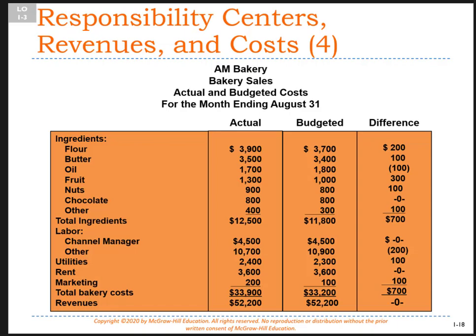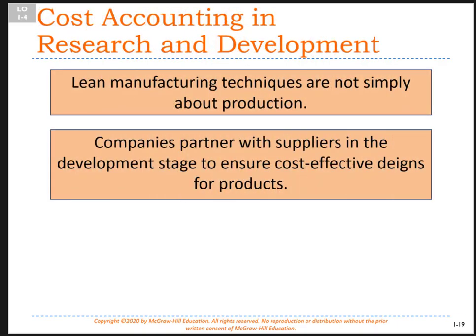All right, so these next slides just show you how cost accounting can be incorporated in every aspect of the business, every aspect of the value chain. Even when you start out coming up with new ideas, you can do that with lean manufacturing.